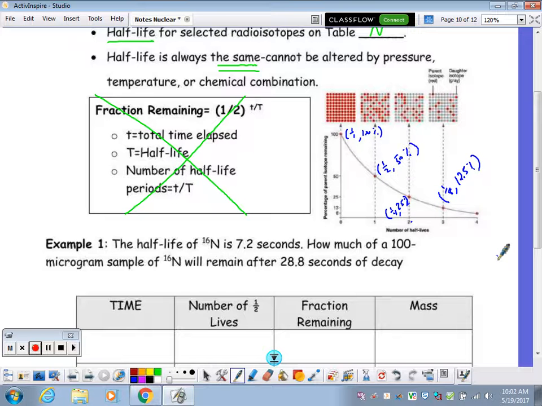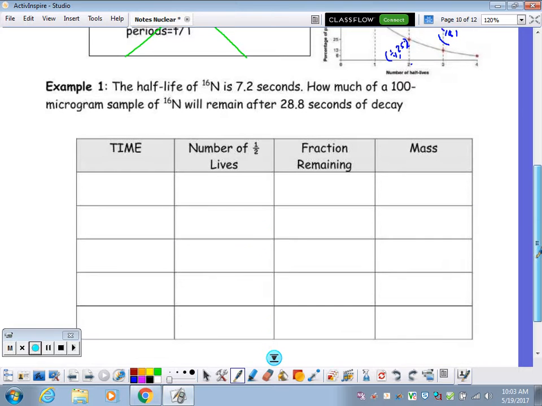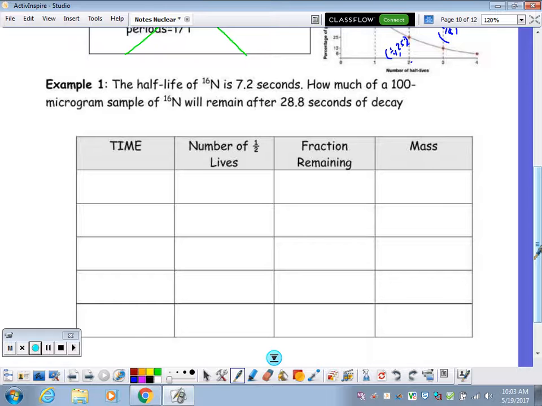So no matter the identity of the radioisotope, no matter the original mass, the graph will always look like this, and the fractions and the percentages always match up to the exact same half-life cycle number. Here in the video, I will go through one example of how to solve these, and then we will do some more in class.